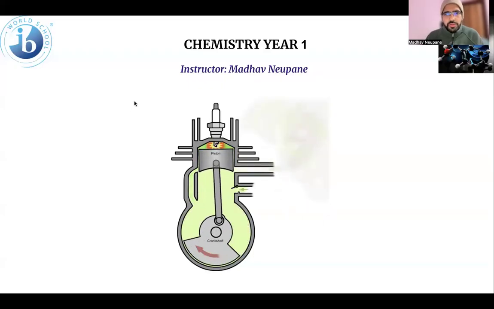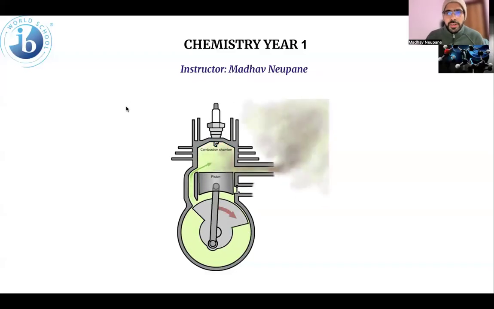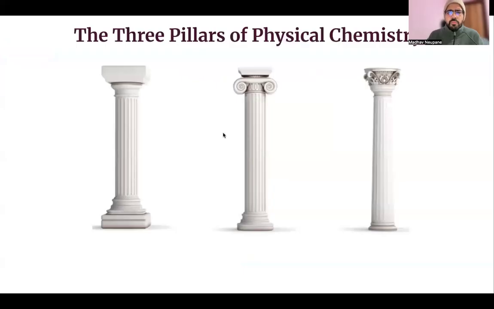Today we'll be talking about one of the interesting aspects of physical chemistry in particular. So, in physical chemistry there are quite a few units, but one of the three important units within physical chemistry, I like to call them the three pillars of physical chemistry. And I'll tell you why I call these the three pillars.